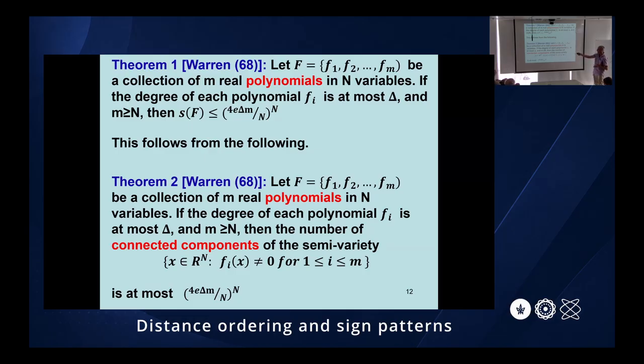So basically, you take the sum of the degrees of all polynomials, multiply it by some constant, 4e I wrote here, divide by the number of variables, and raise to the number of variables. Now, actually, the exact bound has a more precise expression with some binomial coefficients, but I wrote the asymptotics, which is the one that will be interesting for me.